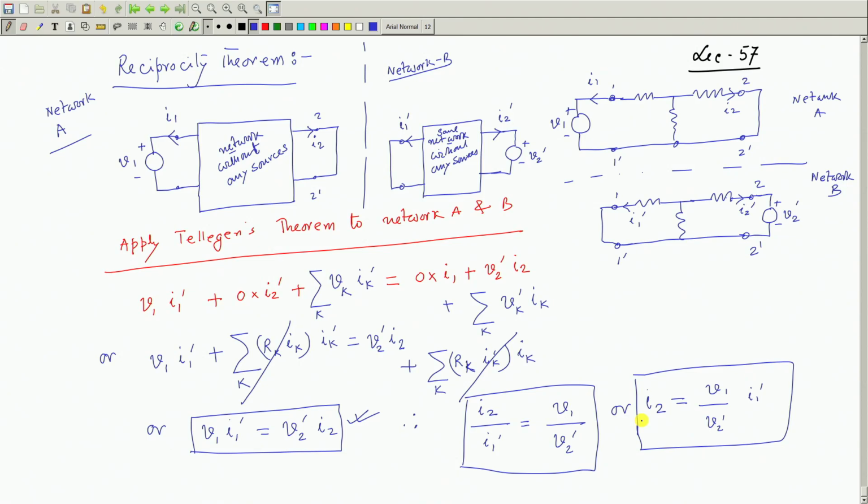Is not? If I have applied a voltage V 1, current was I 2. If I apply a voltage V 2 dashed here, what should be I 1 dashed? I 1 dashed also can be written in this way, it will be V 2 dashed, I think this is the final thing I should concentrate upon, into I 2.